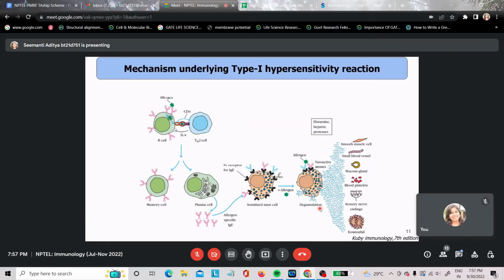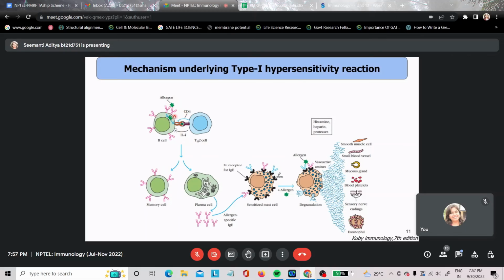So, what is the mechanism for the type 1 hypersensitivity reaction? There is a B cell, and this B cell has an allergen bound to antigen antibody complexes of the IgE type, which is a cross linking of IgE on B cells.